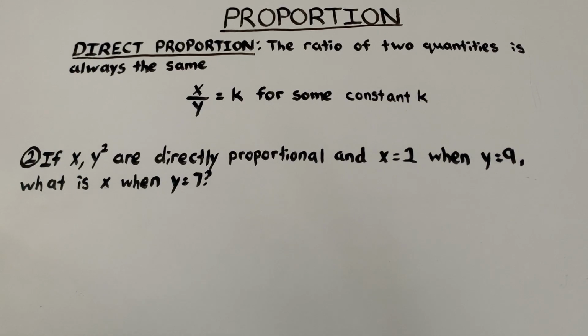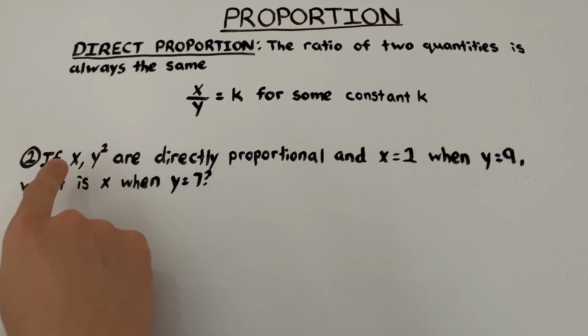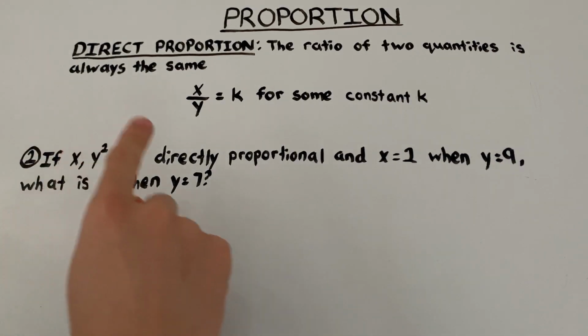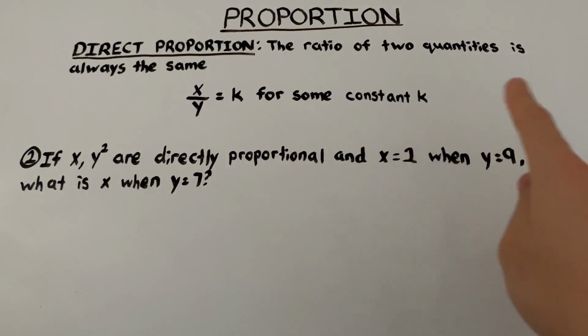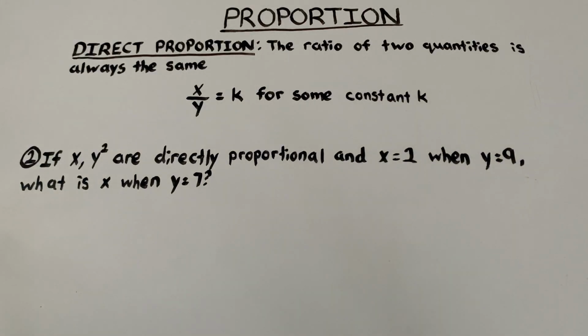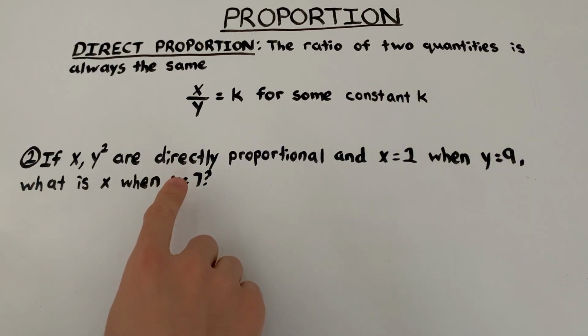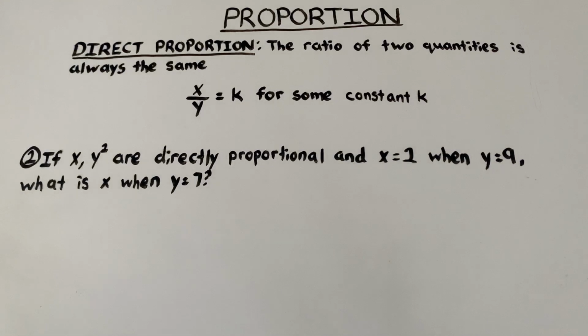On to the next example, which says that if x and y squared are directly proportional, and x equals 2 when y equals 9, what is x when y equals 7? So a little bit different, because this time it's not x and y which are directly proportional, it's x and y squared.